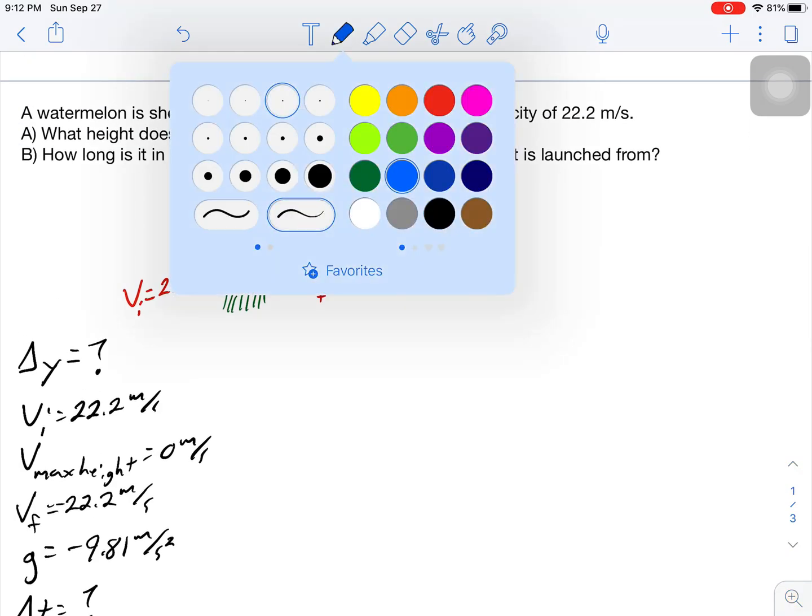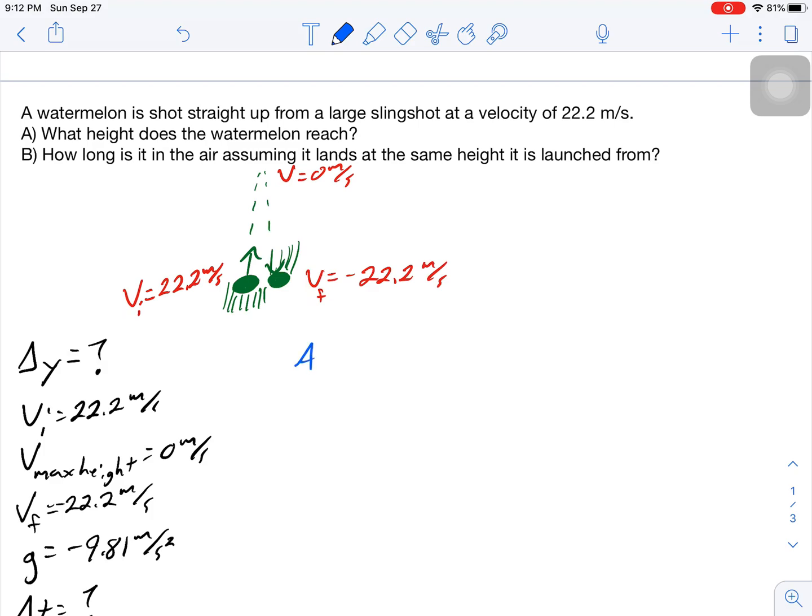So if we look at A, what height does the watermelon reach? The formula that I would advise going with would be vyf squared equals vyi squared plus 2g delta y.